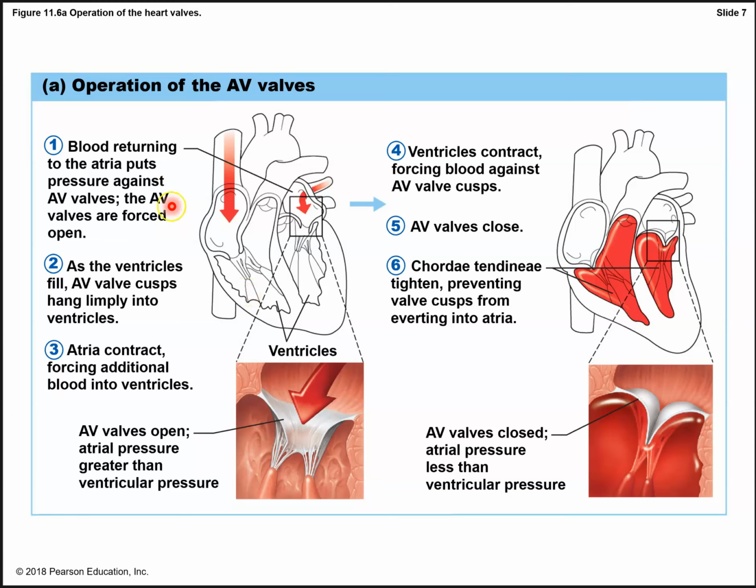So if you look at the operation of valves, now blood enters the right atrium through the superior and inferior vena cava. Now these two vena cava do not have any valves.